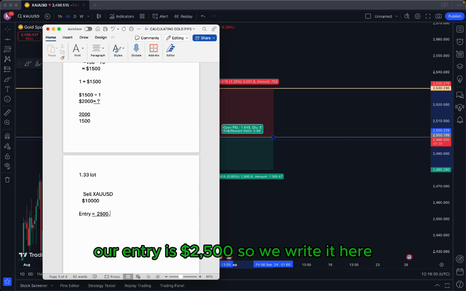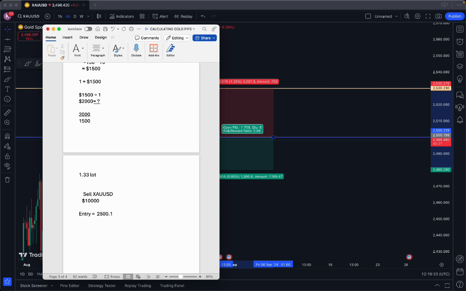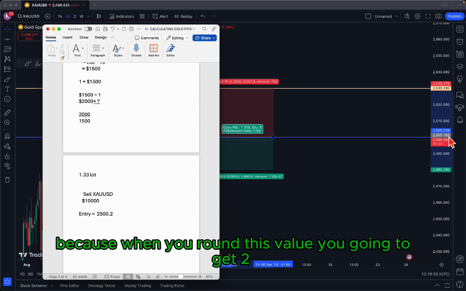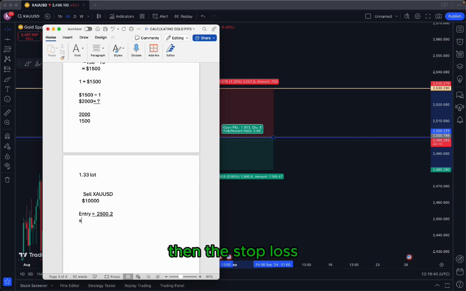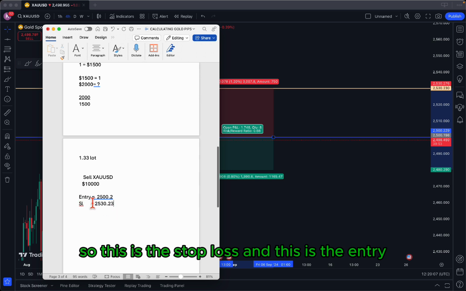Point 1. So let's do 0.2, because when you run this value, you're going to get 2. Then our stop loss is $2,530. 0.23. So this is the stop loss and this is the entry.